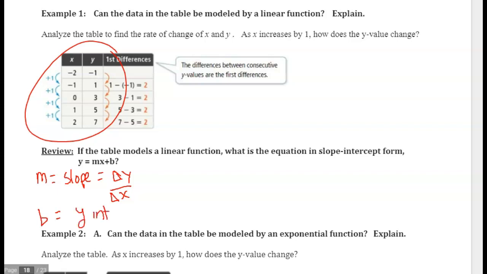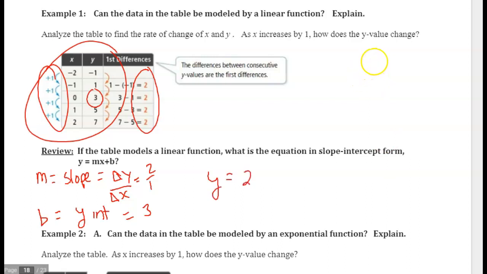So in this case, my y-intercept is right there. My slope is this number over top of that number. So my slope is 2 over 1. My y-intercept is 3. So my function is y equals 2x plus 3.